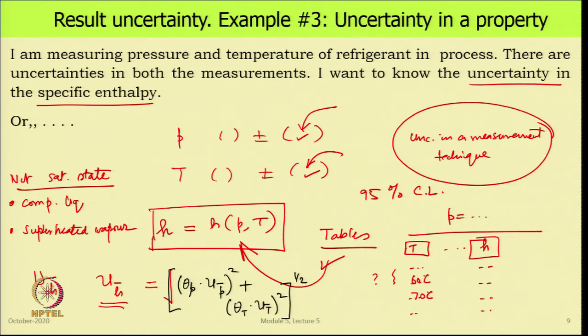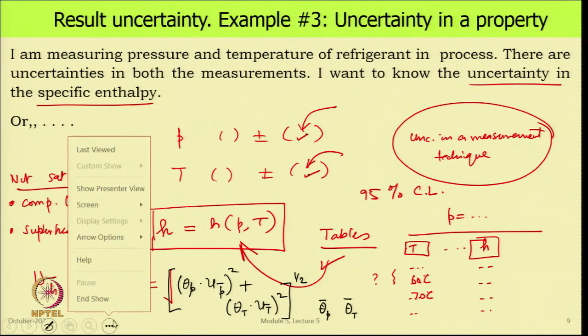So, this is just the two-part formula where we had that summation sign, and our objective now is to calculate theta p, which at the mean value will be theta p bar, and theta t bar. That is what we need to calculate. Once we do that, we will already have the values of the uncertainties, and we can calculate this. So, let us do this calculation.